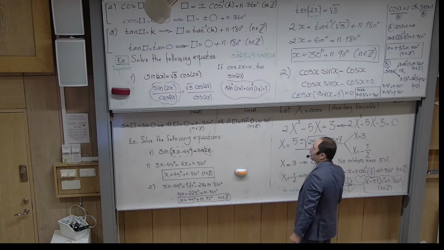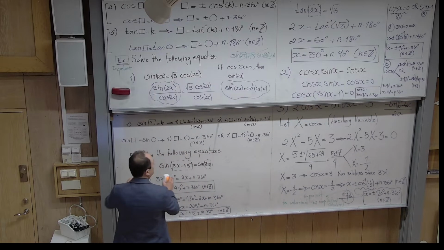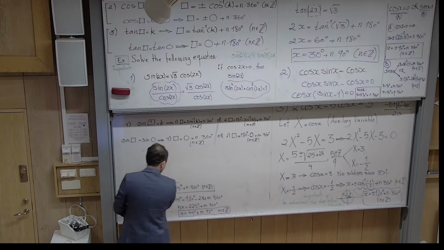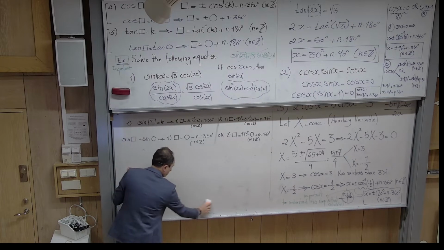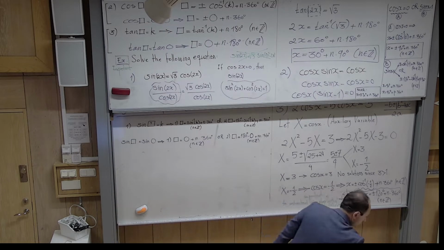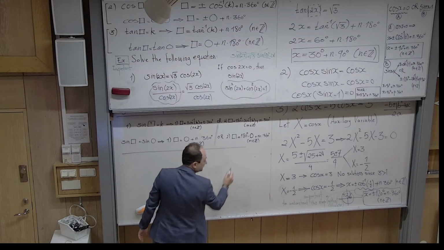Okay, so let me give you another one. This was number 3, so I go to number 4 here. If you don't mind, let me keep the formulas in front of us. I will also choose another problem from here.